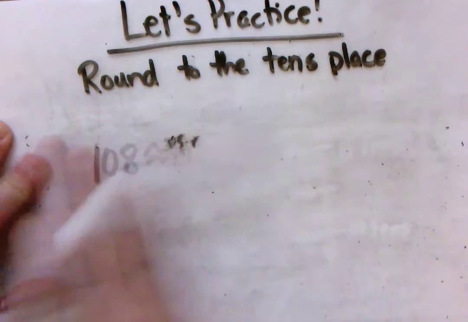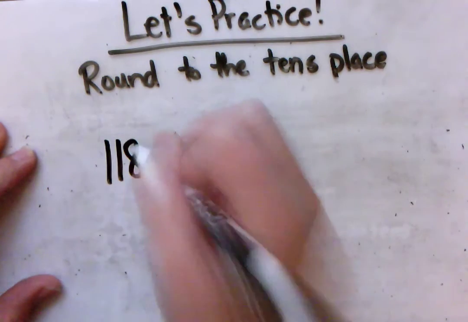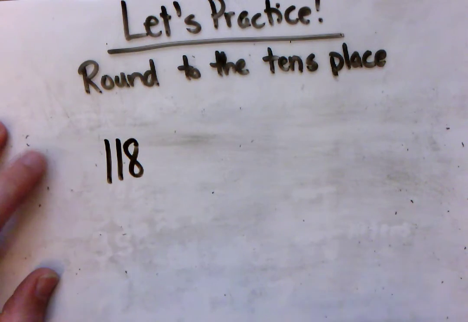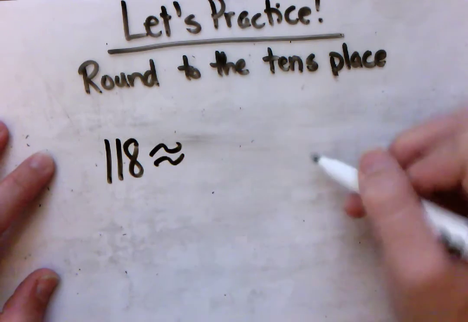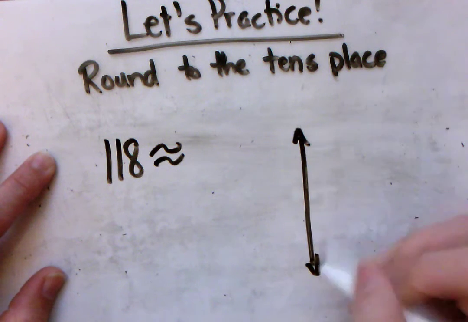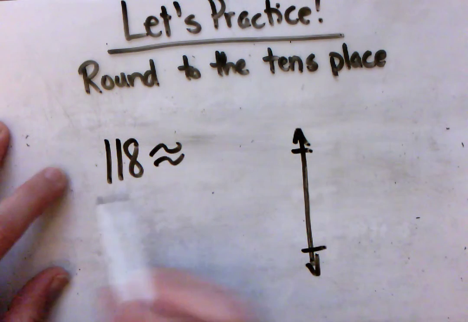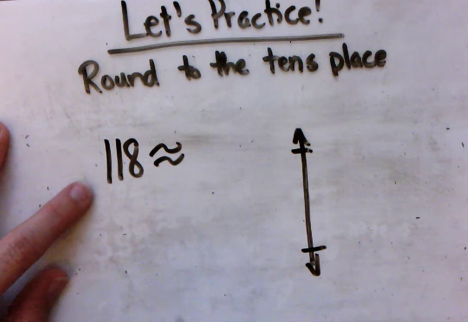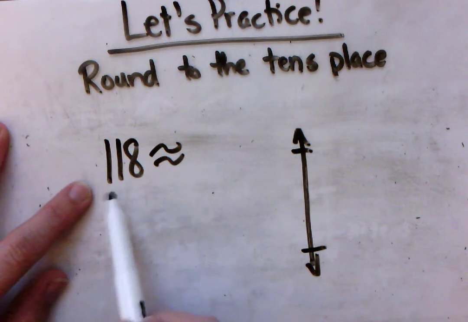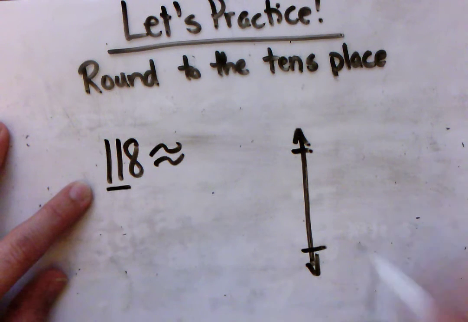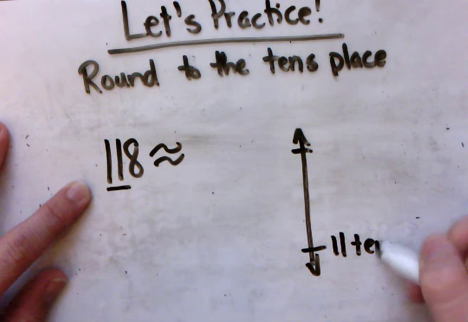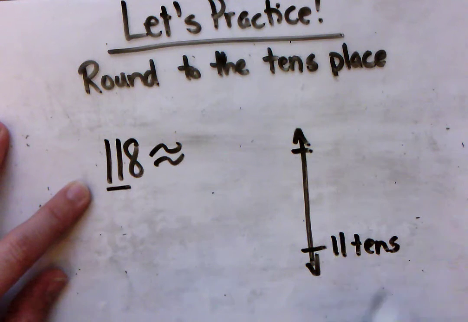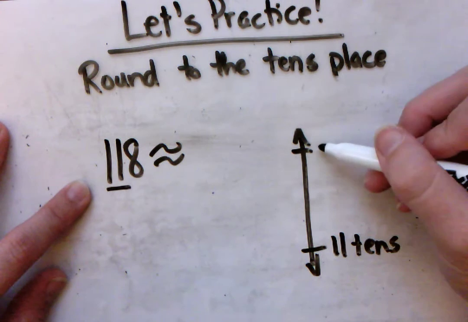What if I had the number 118? How many tens in 118? 11 tens. What's the next 10?